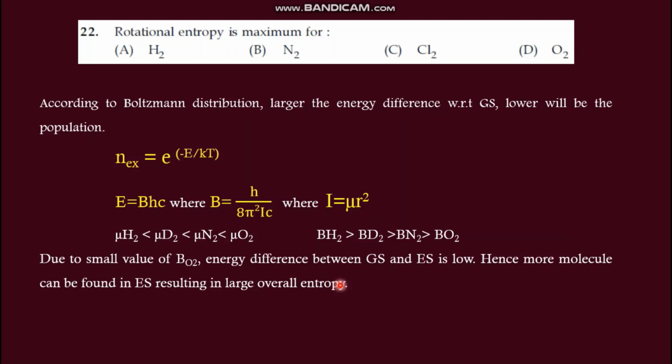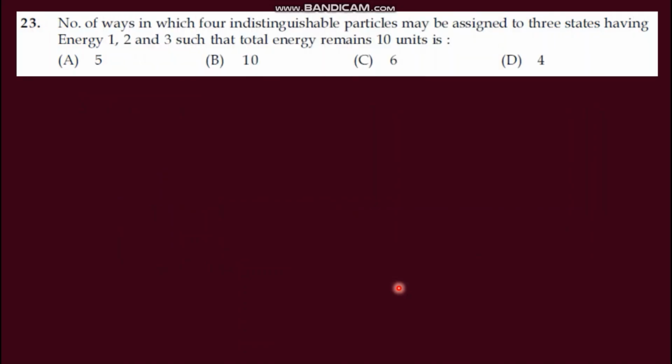That is, when the energy gap is small, more molecules can be excited to the higher energy level. So it will give overall higher entropy. Entropy means what? The randomness or the disorder. So when the energy difference is small, molecules can get excited to higher energy levels, so it will have more entropy. So here maximum entropy is for oxygen.